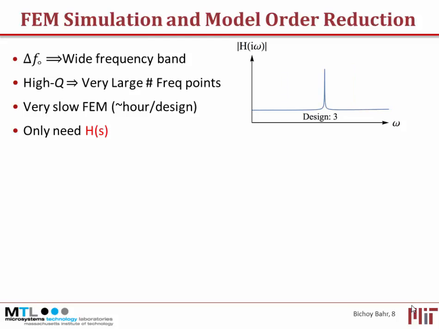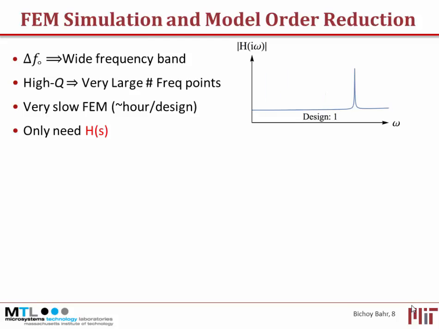And this means I need to simulate a large enough bandwidth so I can always locate my peak as it shifts around. The second problem, I'm looking for high Q peaks, which means they will be very narrow. So not only do I need a wide simulation band, I also need a very large number of points. And this is basically a recipe for very long FEM simulation. It took about 1 hour to simulate a single design.